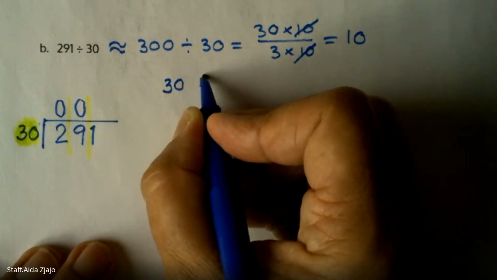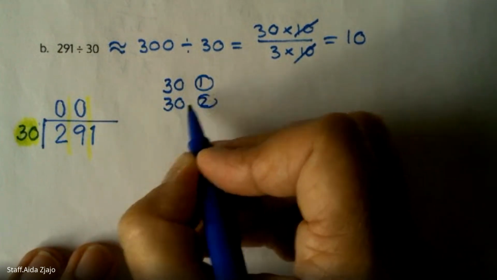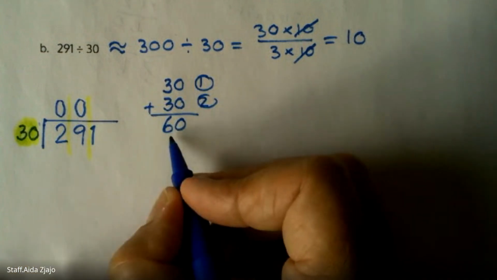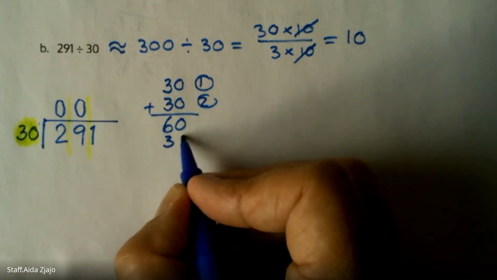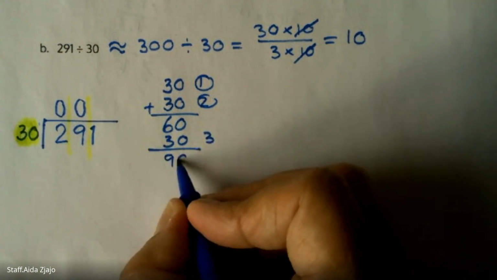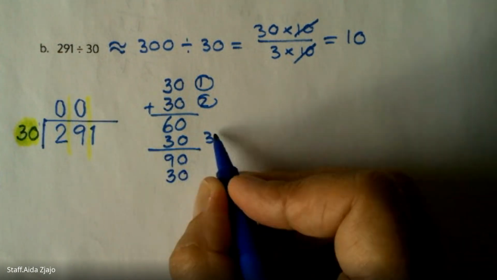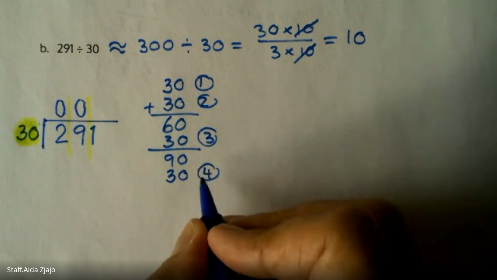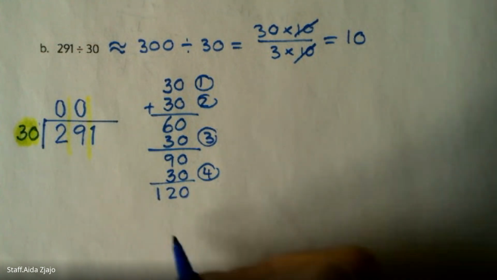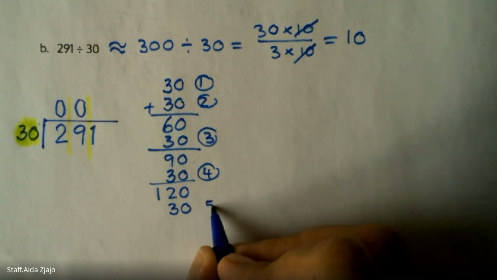This is one group. And then if I add one more 30, that will make 2 groups. That's 60. If I add 30 more, that will be 3 groups, that will be 90. If I add 30 more, that will be 4 groups, and it will be 120. I add 30, it's lots of adding, but that's okay.